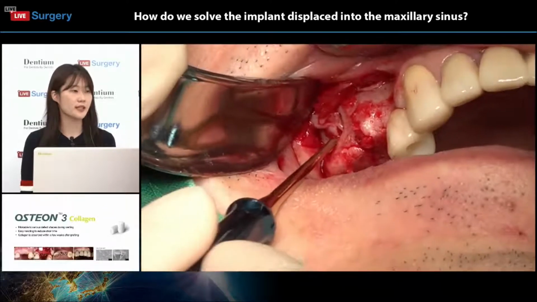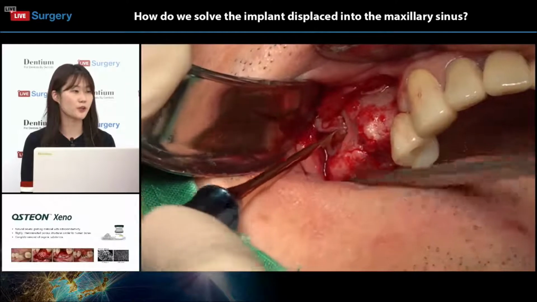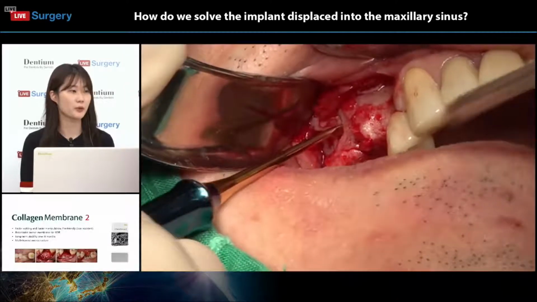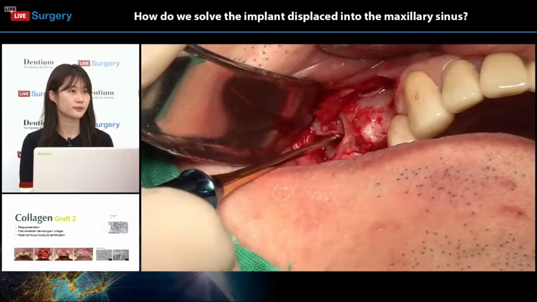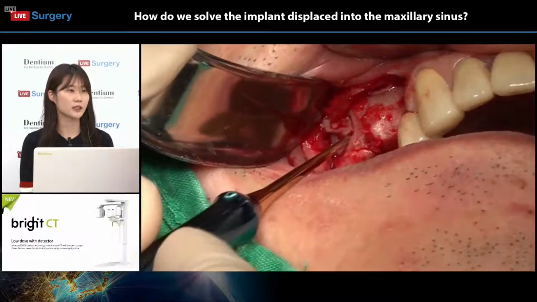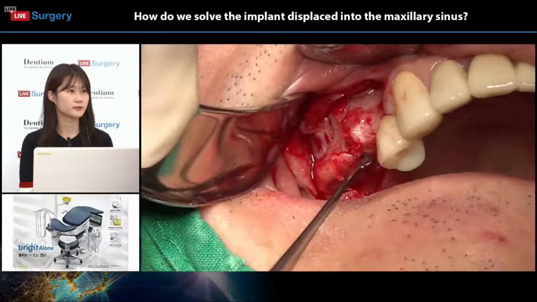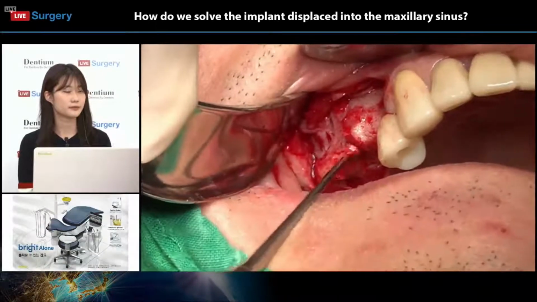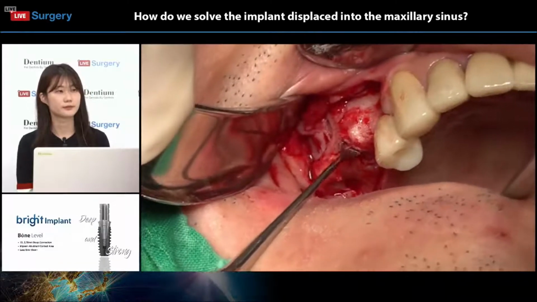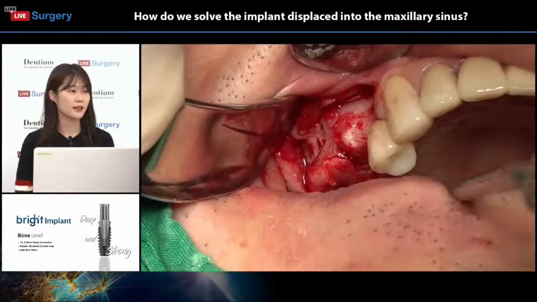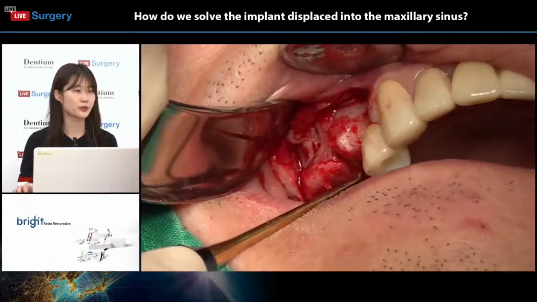You may have noticed that the residual bone is quite thin. The yellow-gold color of the appliance can be seen through the bone. And we can also see the tunneling perforation. Then the membrane is elevated from the alveolar crest through the tunnel.